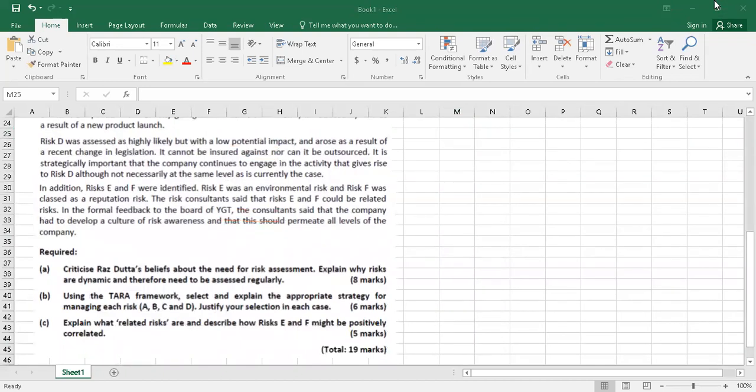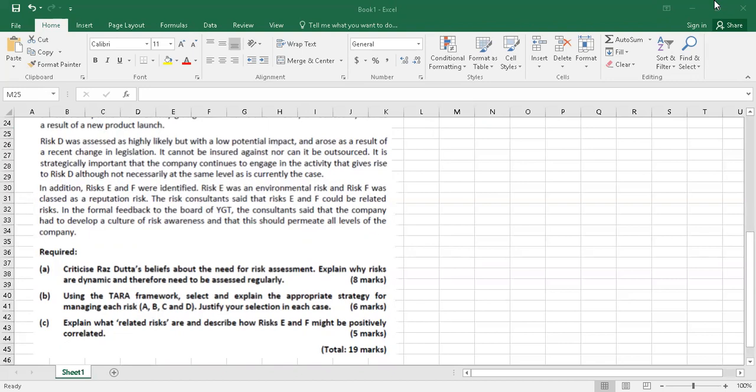Any case study, depending on the length and the content, they can decide on the number of marks. Here it is 19 marks. Likewise, we can see 10 marks, 8 marks, 20, 25, whatnot. Only for this exam, SBL, we don't see a pre-decided marks allotment.